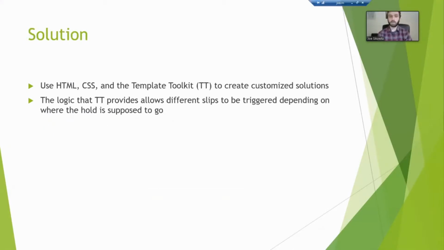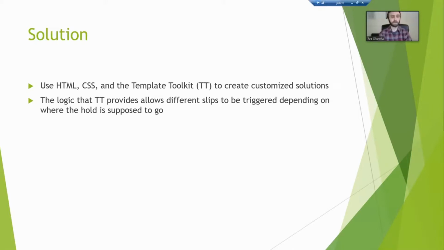So what was our solution? It was to use basic, and I want to emphasize basic, HTML, CSS, and the template toolkit to create customized solutions for each of these 3 scenarios. Specifically, the logic that template toolkit, and I will abbreviate it in my presentation as TT, the logic that TT provides allows for different slips or notices, if you're making notices, to be triggered depending on where the hold is supposed to go.